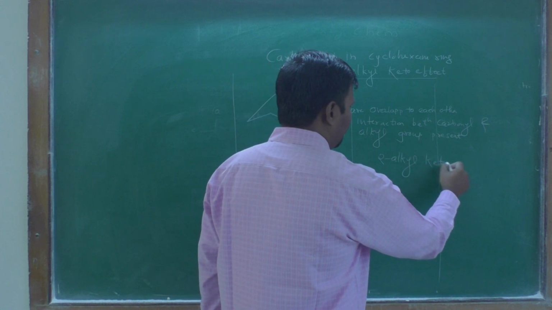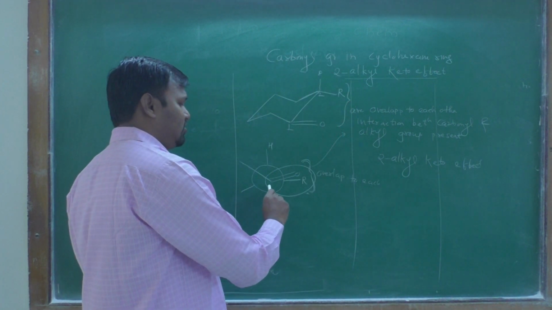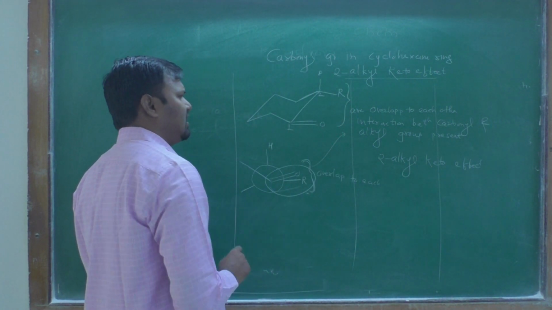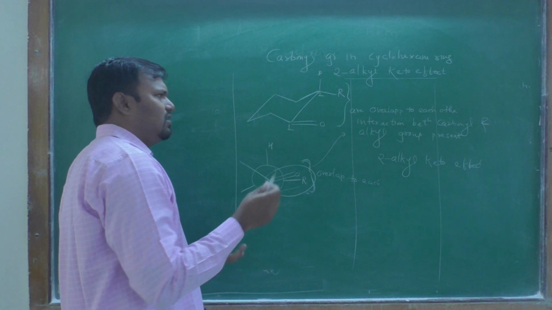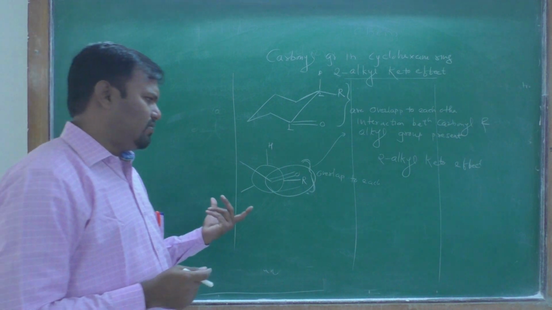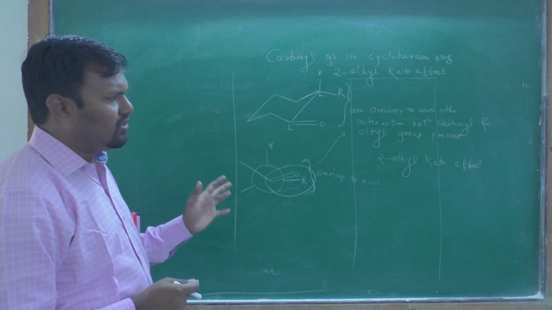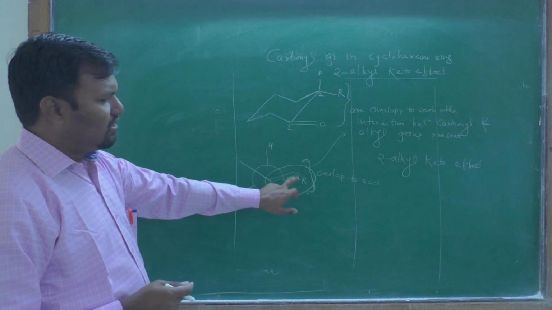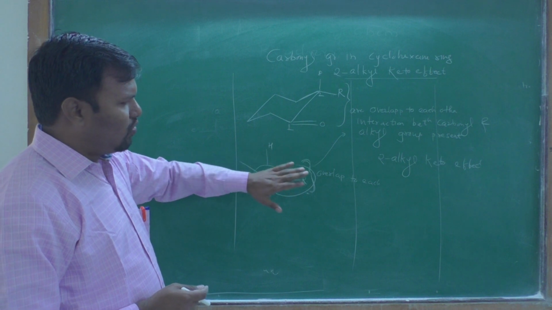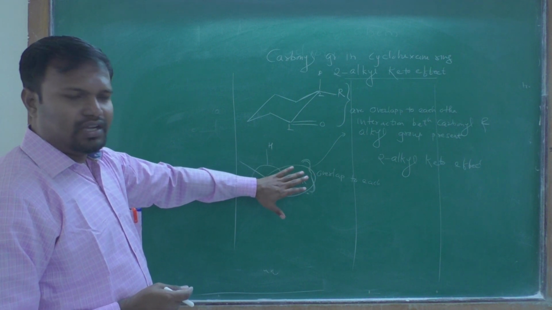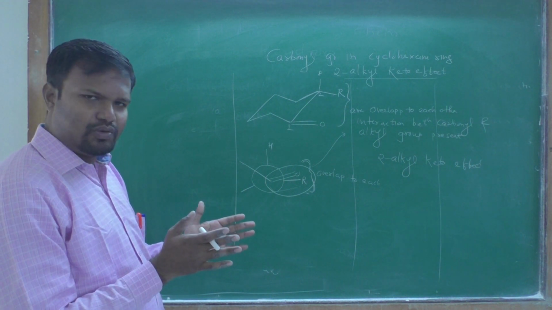ketone effect. Due to this interaction, when R is at the equatorial position, the energy of this molecule increases. The carbonyl and this R group exactly overlap each other, and due to this they try to repel each other.